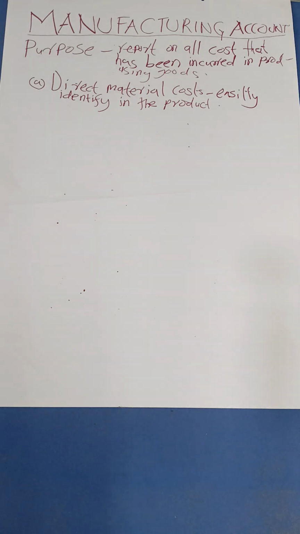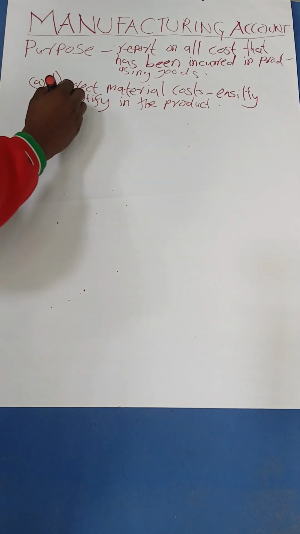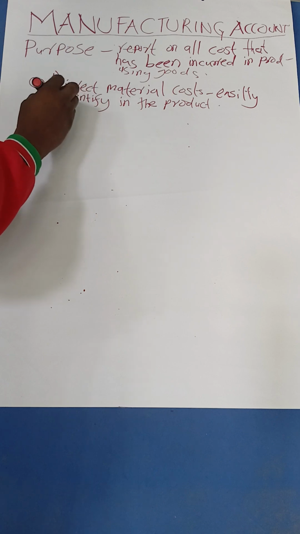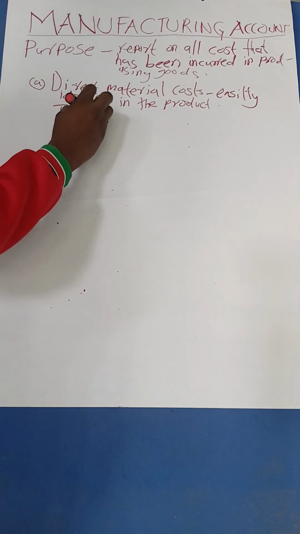Good. We can give an example of the direct material cost. Let's say we are manufacturing a table. Before you come up with the final good, a table, you have to use timber.